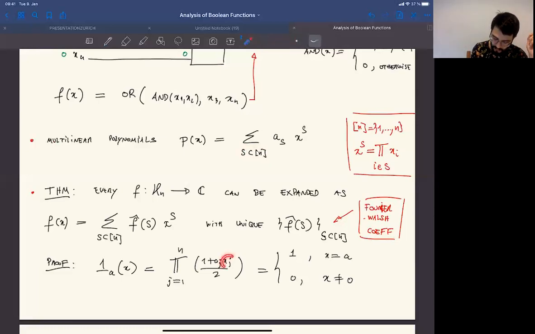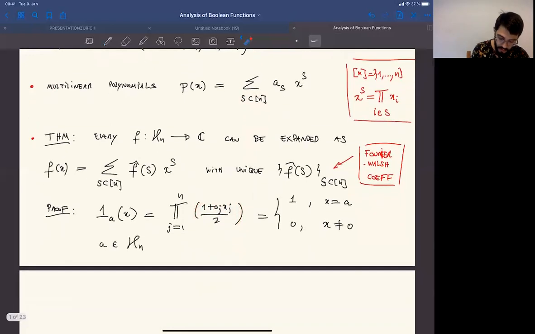Because if I put xj equal to aj, each factor is either plus or minus 1. So A is in the Hamming cube. If aj is minus 1 and I put minus 1 here, this would be 1. And if aj is 1 and I put 1 here, this whole thing would be 1. But if it's the other way around, if this is 1 and this is minus 1, then this becomes 0. Okay.